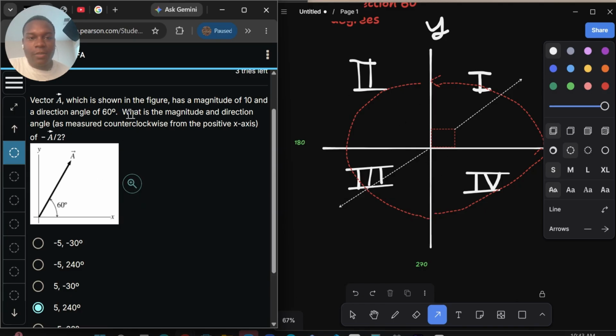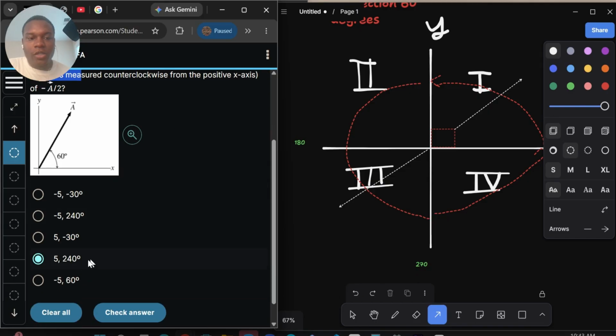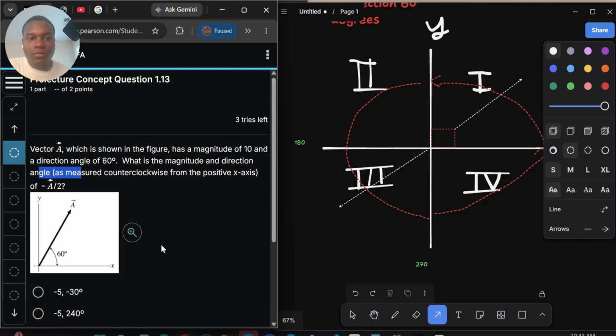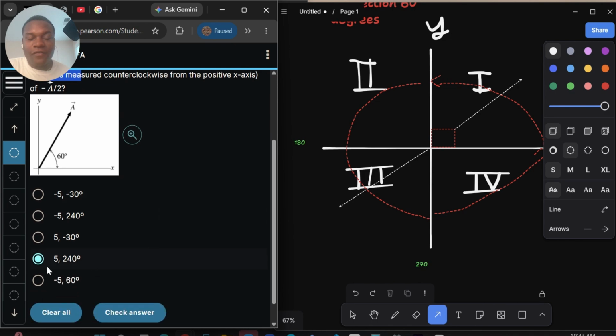But it says, what is the magnitude and direction angle? I want to just say 5 at 240, because a magnitude can't be negative.